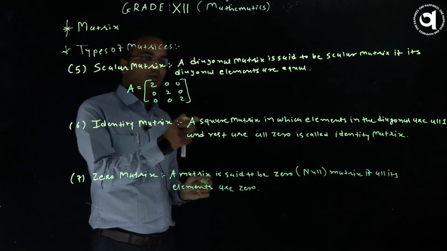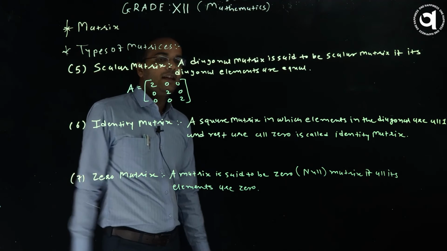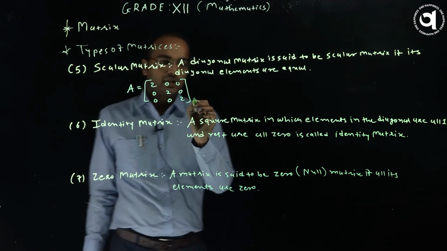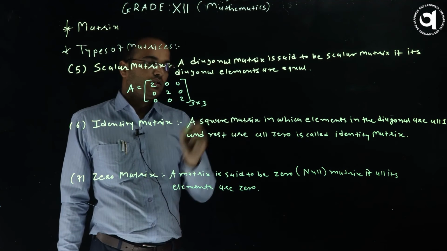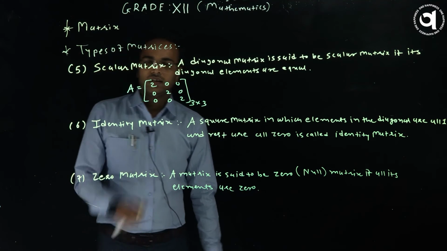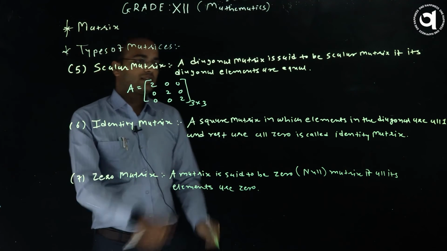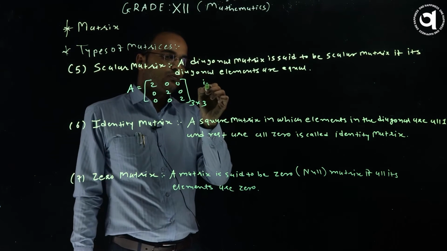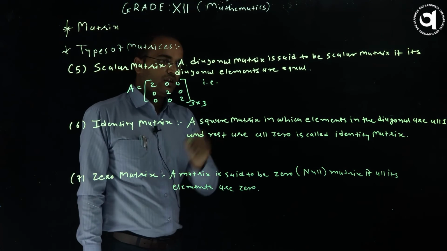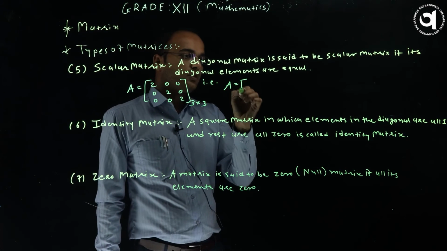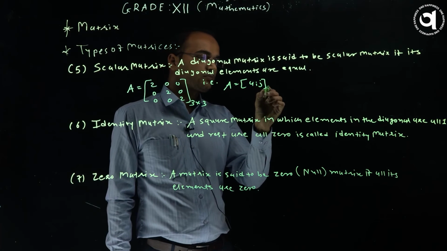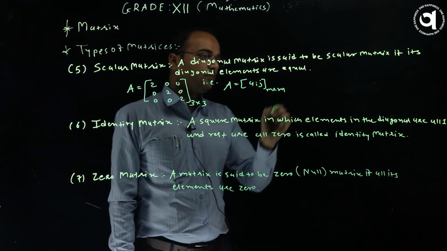Here all the diagonal elements are equal, and it is also a square matrix, 3 cross 3. This is an example of a scalar matrix. In mathematical notation we write A equal to [Aij] of order m cross m.